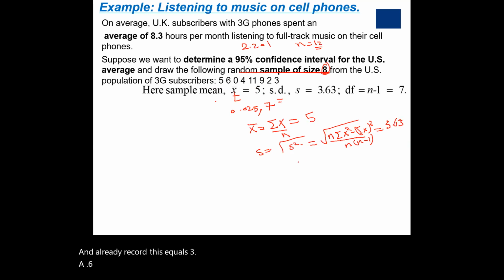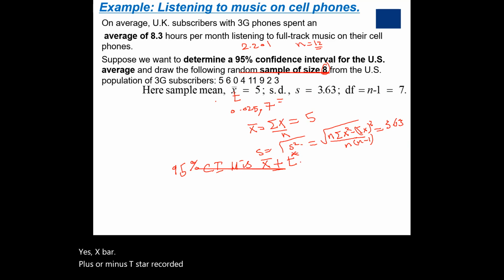So now the 95% confidence interval for mu is x bar plus or minus t star, which we got from the table, multiplied by s over root n.